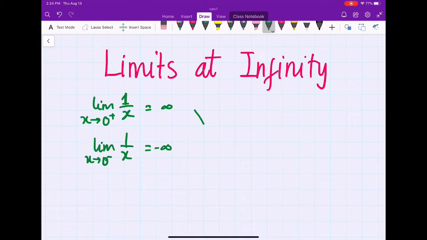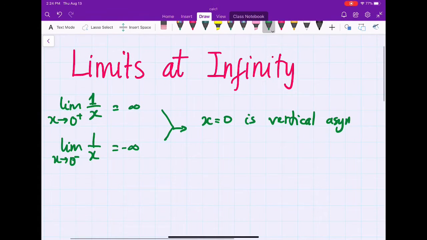So these two limits just tell us about how the function behaves at 0. Does that make sense? That is very important for us because we want to know that. Agree? And from these two limits, we say actually the straight line x equal to 0 is a vertical asymptote of this function.